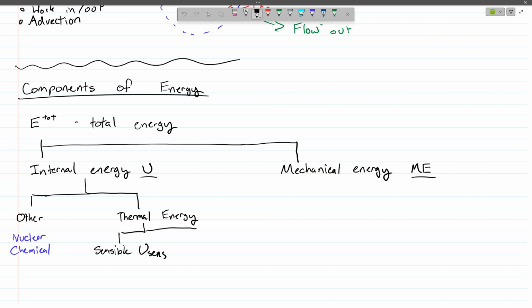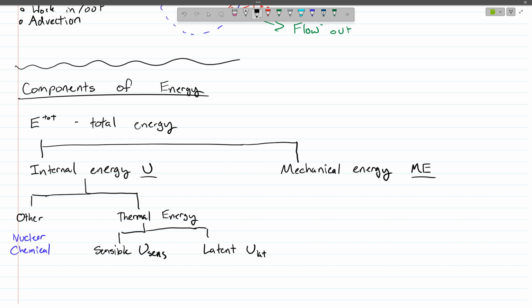You take a pot of water and you heat it up, you have added sensible energy. However, if you cause that water to boil, some of that energy goes to latent energy. Actually, we'll just tag this as U sub LAT.